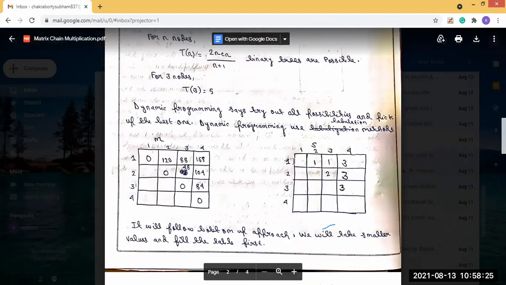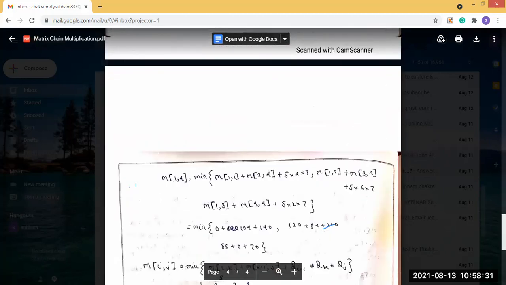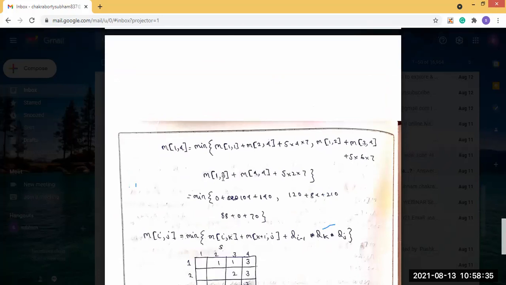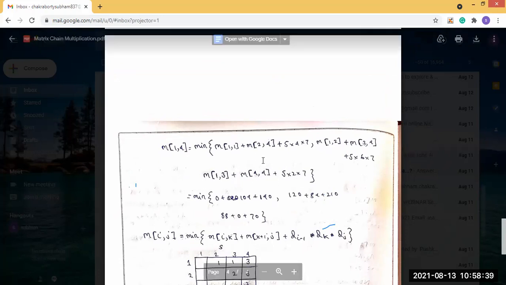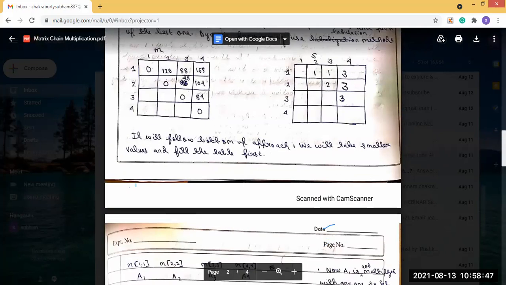And in this table, the final value in 1, 4, we are getting because we are considering this portion, because this is the minimum. So multiplying with this 3, we are getting the value. So that's why it is giving us the 3.